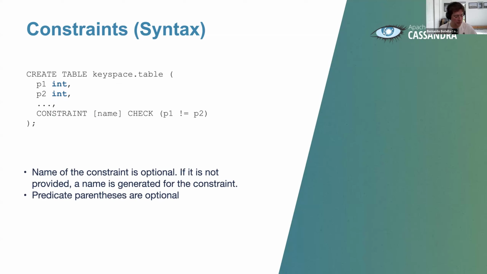That name will be used to reference it later in case we want to alter or drop it. And the check keyword and the actual condition. Here, this example is showing another type of extension that I will expand on later. If you see there, it's checking that two different columns comply with a condition.